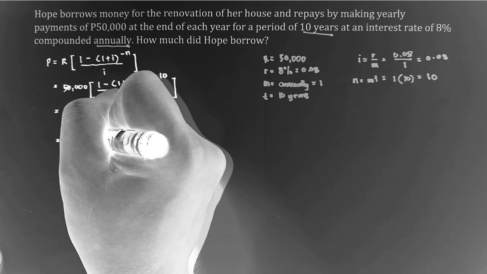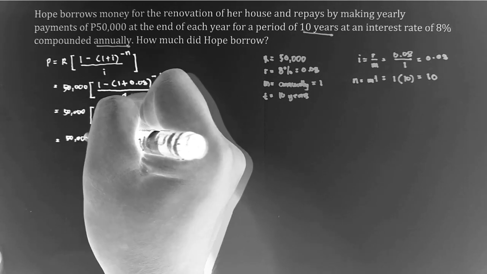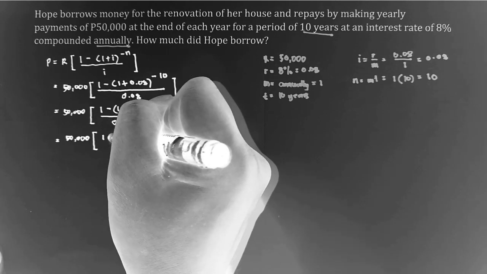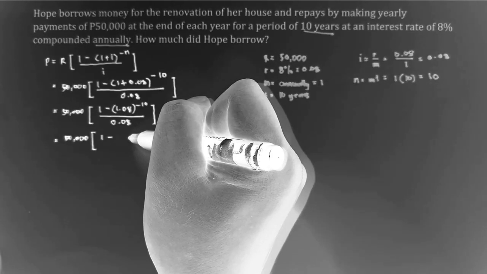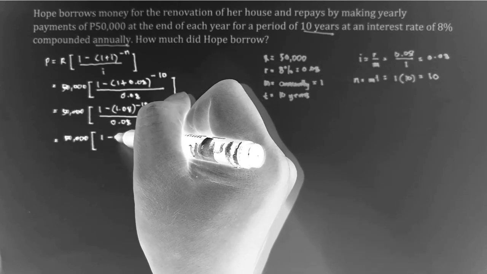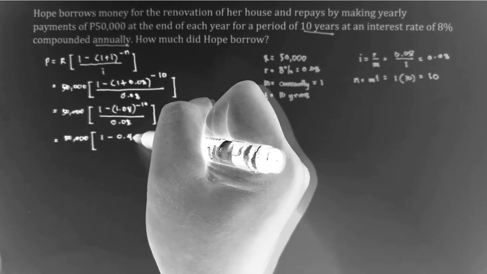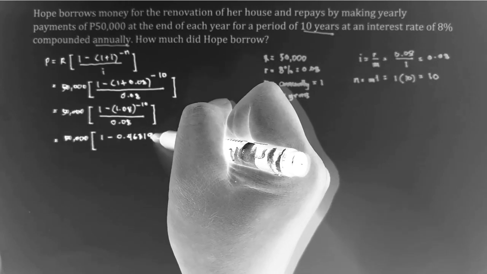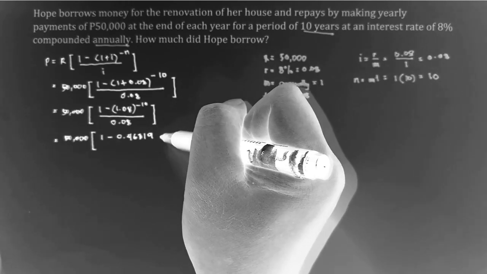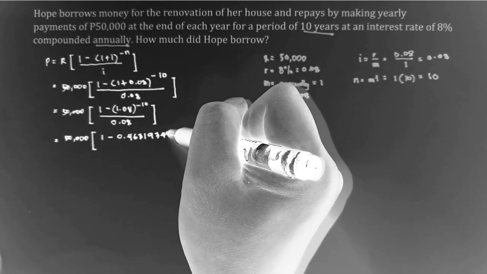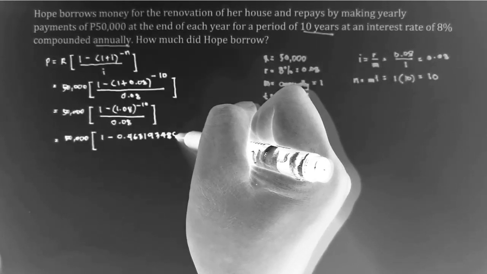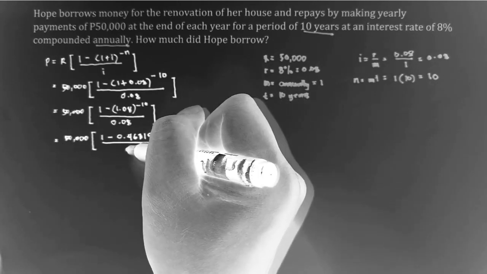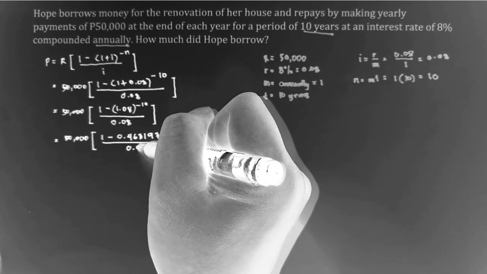This is 50,000 times 1 minus yung 1.08 raised to negative 10. That is equal to 0.463193488, and then divided by 0.08.